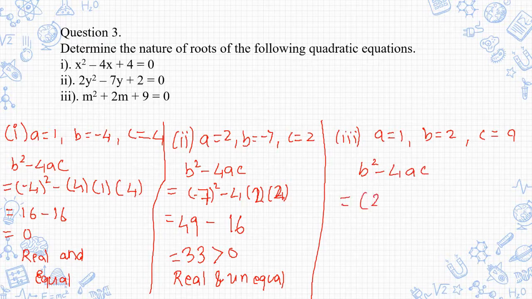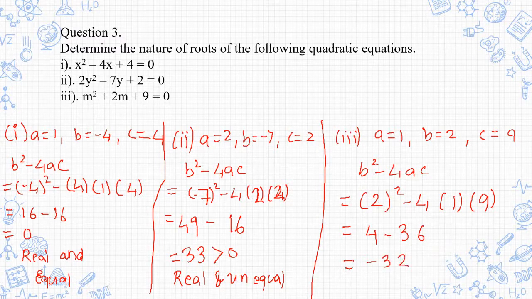So b is 2 squared minus 4 into a, that is 1, and c, that is 9. 2 squared will be 4 minus 4 into 9 will be 36. And 4 minus 36 will be minus 32, and this is less than 0. So in this case, you can say that the roots of the quadratic equation are not real.